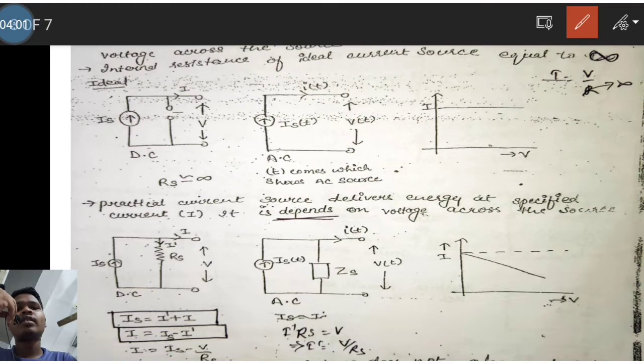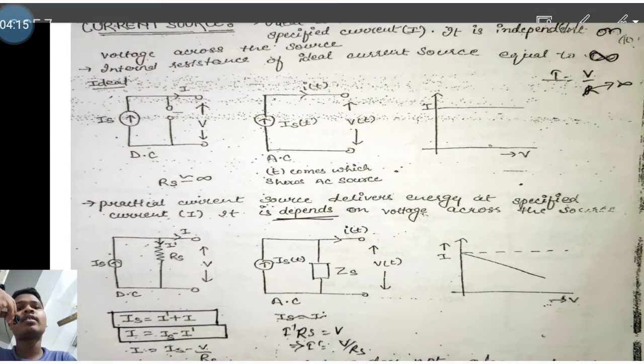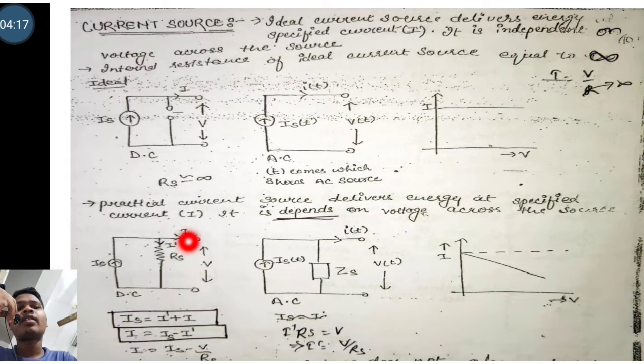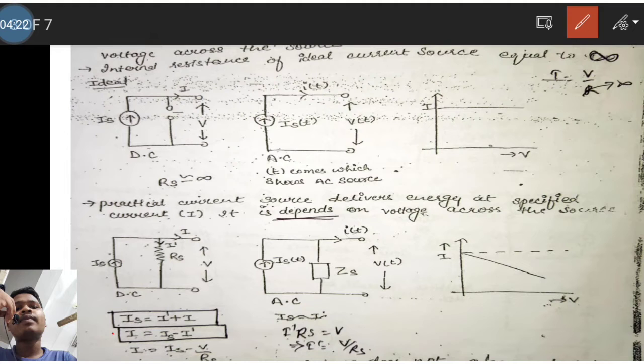Now see the current source IS, which is equal to I dash plus I. This is written like this in mathematical terms. If you want to find the current I, then I dash is transferred to the right-hand side and the sign changes.